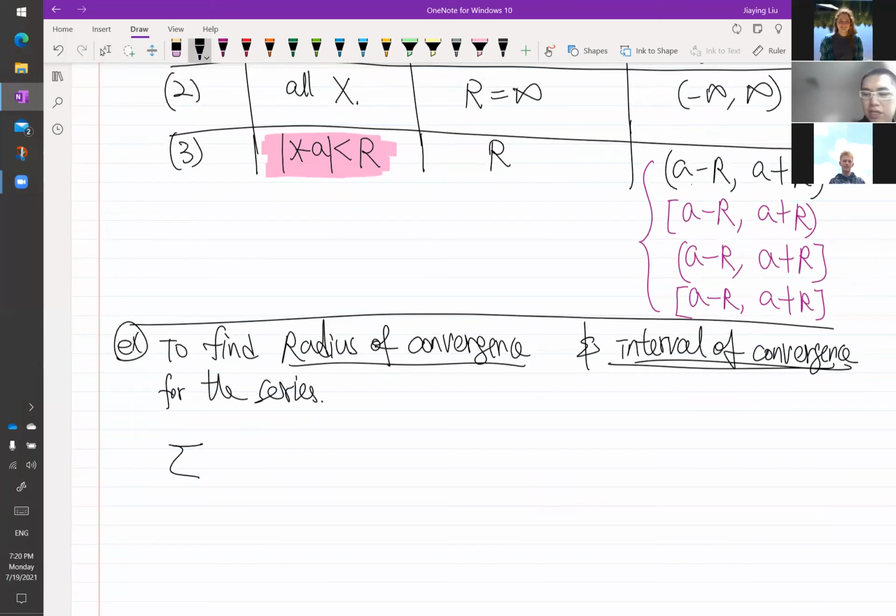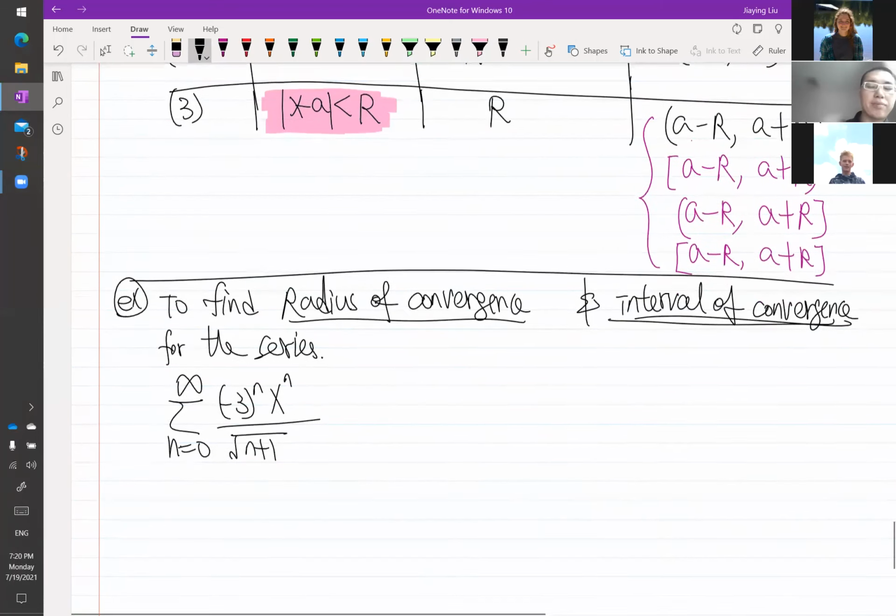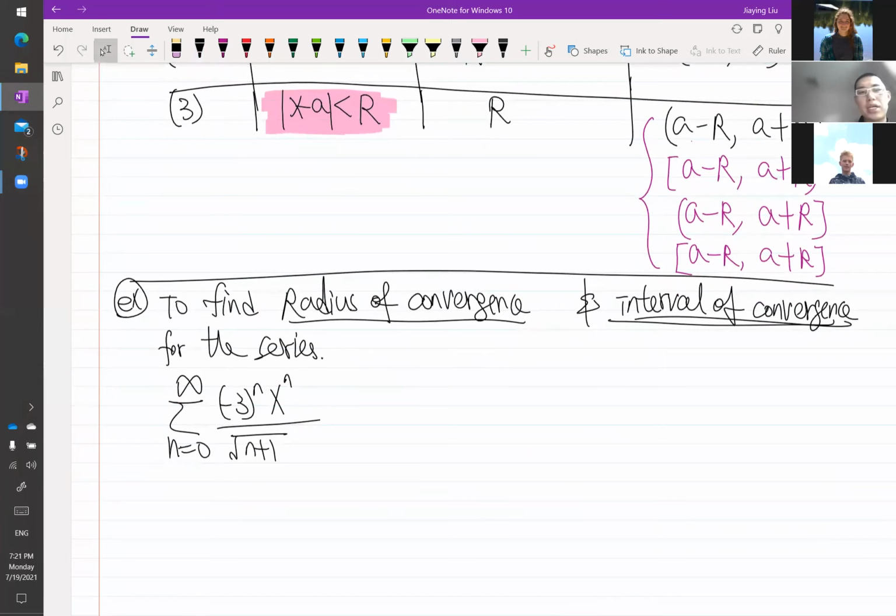The series given is the sum from n equals 0 to infinity of (-3)^n x^n divided by the square root of n + 1. This example is taken directly from the book.